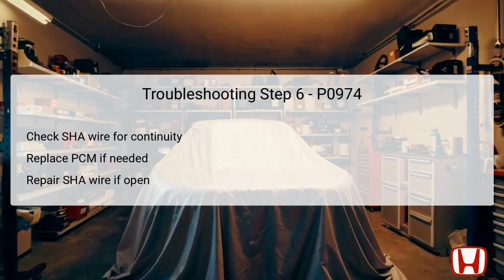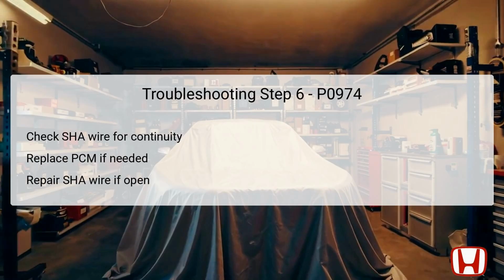check the SHA wire. Utilize the HDS to jump the SCS line, then disconnect PCM connector B. Check for continuity between test points on the shift solenoid valve A connector and PCM connector B. If continuity exists, this verifies that the SHA wire functions correctly, suggesting that if issues persist, the PCM itself may require replacement.